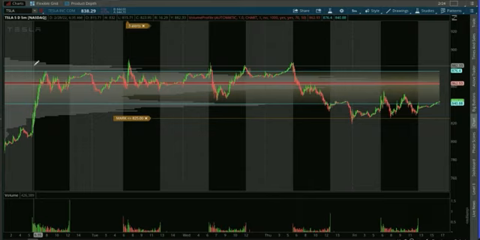Now when you look at data flow, you're looking at institutions showing you where they're putting their money. And then you can choose from this list of real-time information that you get daily, and create a list of the most liquid stocks that you like.